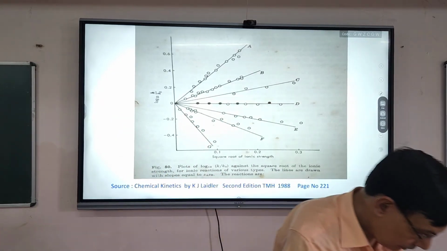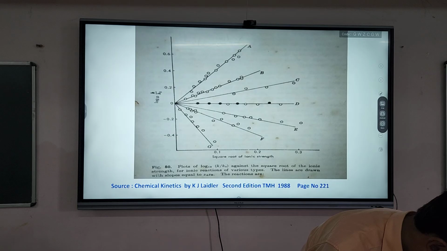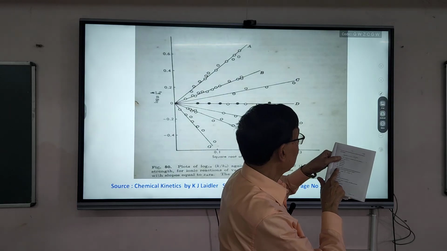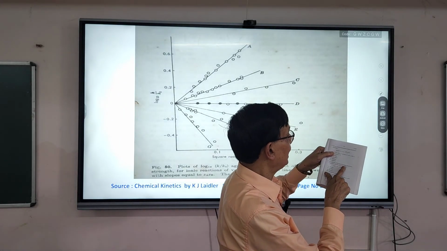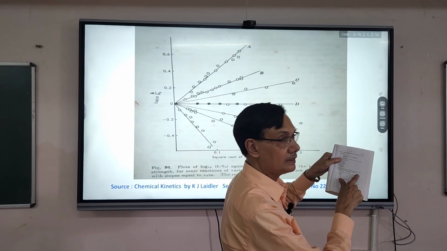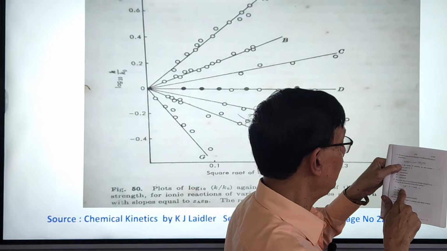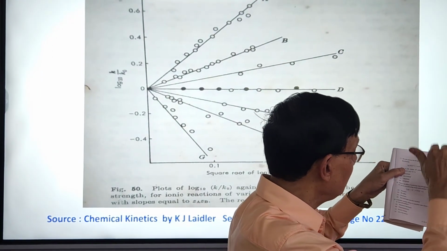And if you see this one question paper, just 1 minute, so that you can understand the importance of this type of reaction. What is the effect of increasing ionic strength using KCl on the rate of the following second order reaction? S2O8 2-, I-, giving SO4 2- and I3-. Options: increase, no effect, decrease, first increase then decrease.